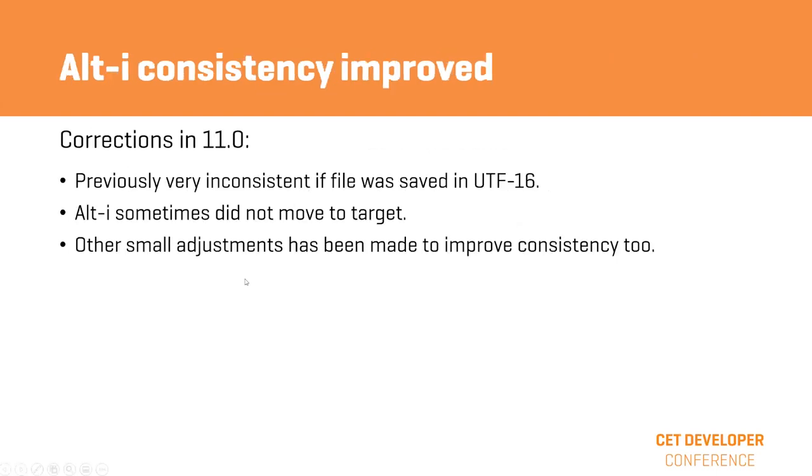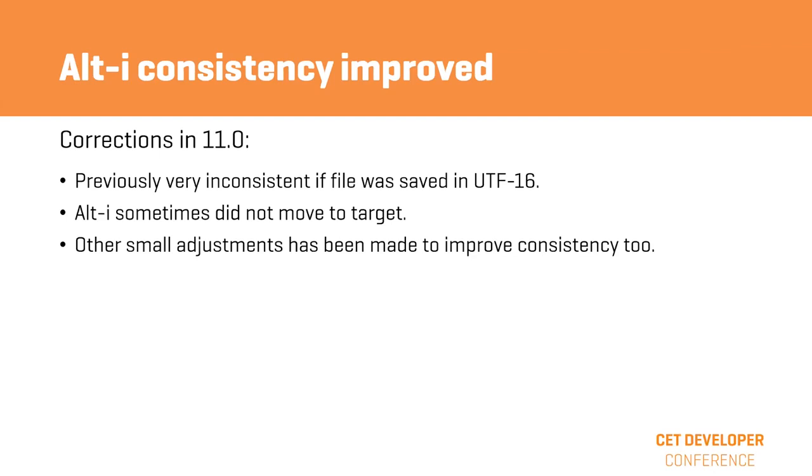In 11.0, we have improved the consistency of the inspect or Alt-I command in Emacs. Previously, if you had a file that was saved in UTF-16, it was very inconsistent. But even with UTF-8 files, there could be some inconsistencies in the behavior.